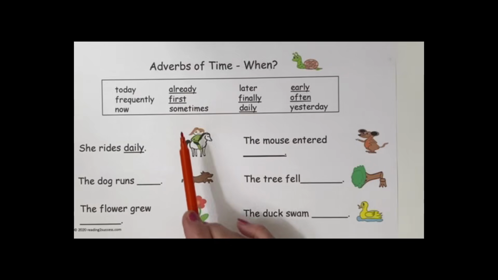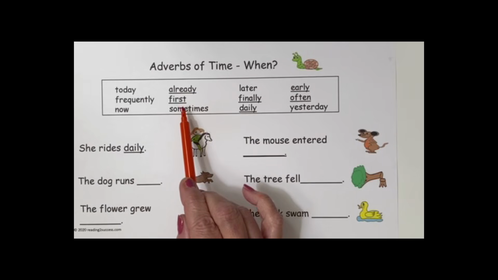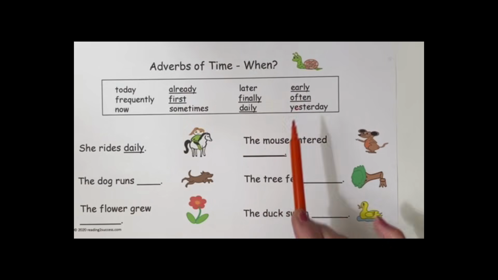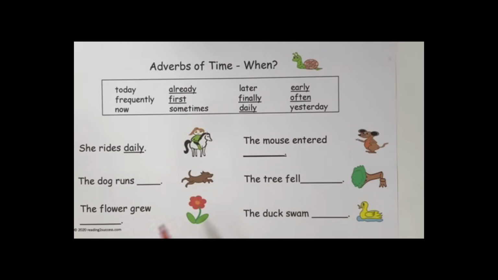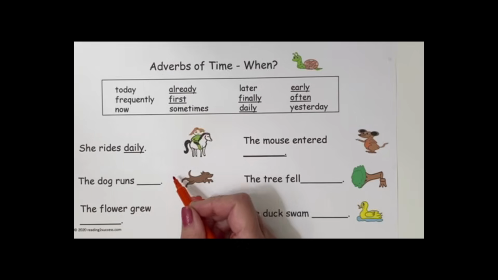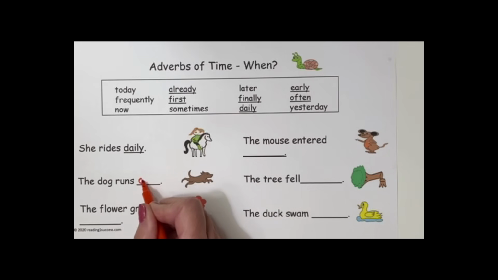The other choices will be already, first, finally, early, and often. Okay, the dog runs often. So we're going to write that in the space, or the kids will write this word in the space.